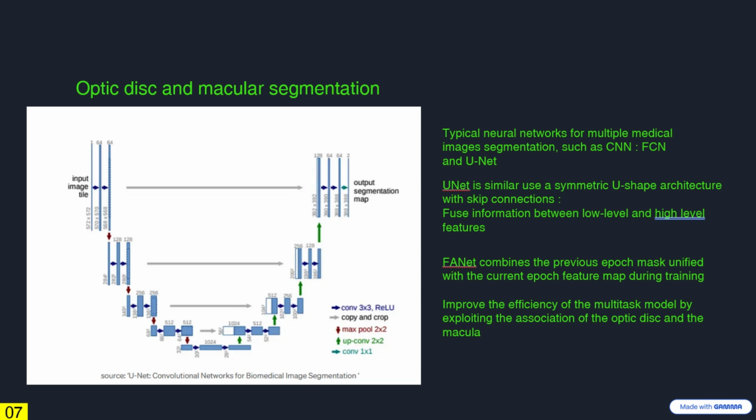As you can see in this picture, this is the UNet framework for biomedical image segmentation. We can use skip connections directly to make the model more efficient to learn and train with medical images.